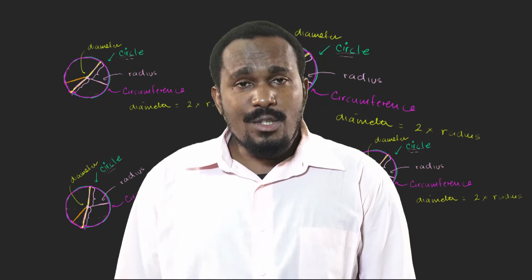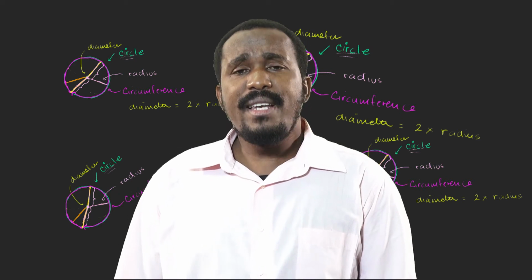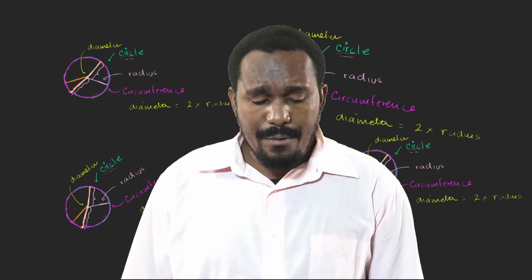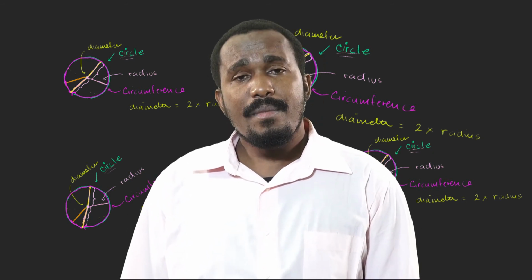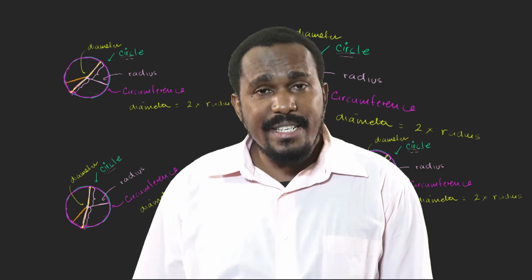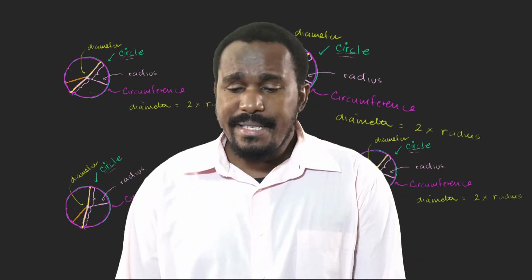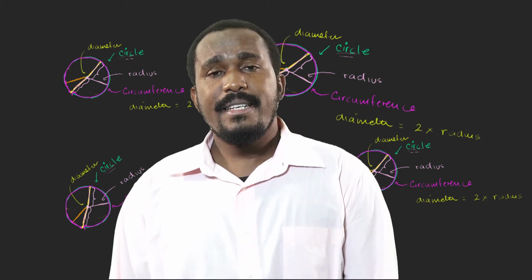Having said that, let's also look at the word area. What is area? You could be hearing the word for the first time, but I don't think so, because you did area in P5, in primary 5. Area is the space covered.